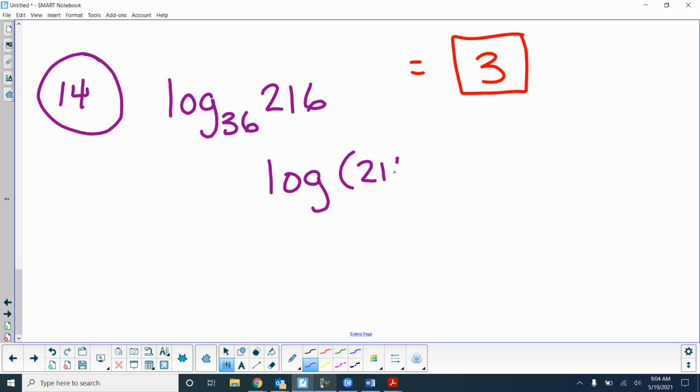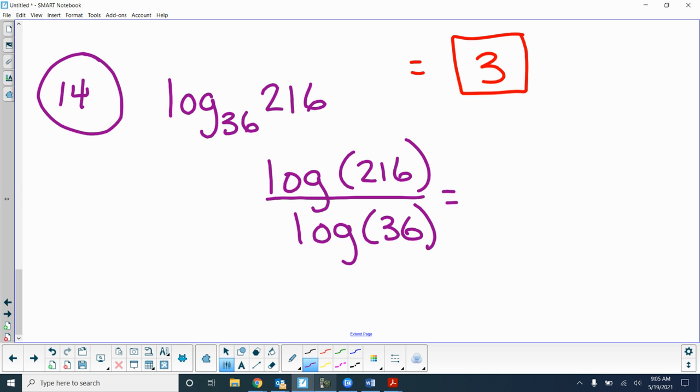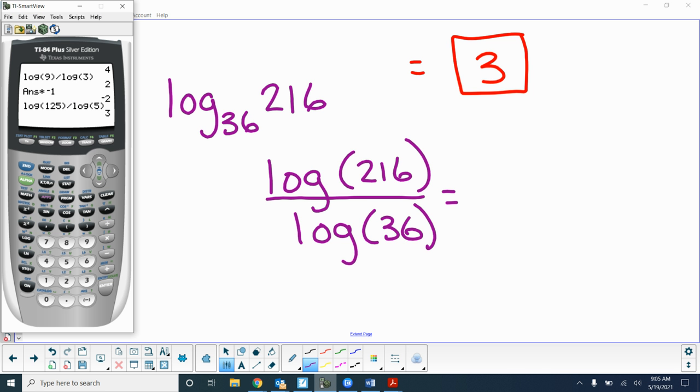Log of 216 divided by log of 36. So log 216, close it up, divided by log 36. 1.5.